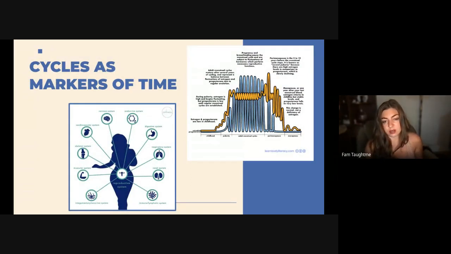Menstrual cycles are also markers of time, so it's kind of cool to experience the world through the cycles. And body literacy, I think, is already changing the world because it really helps people navigate their health as they grow and change. That personalized knowledge helps you make informed decisions over time about your sexual and reproductive health.